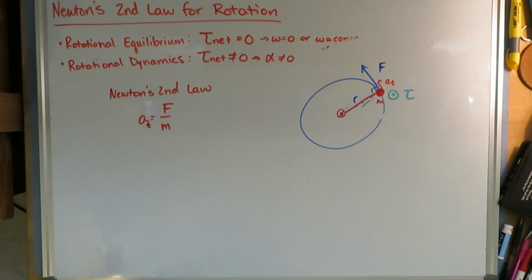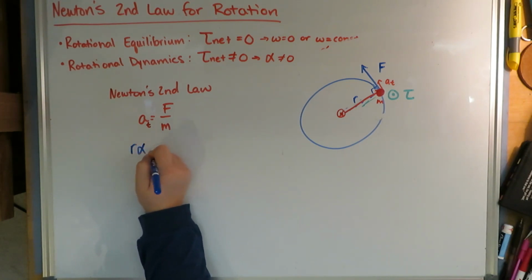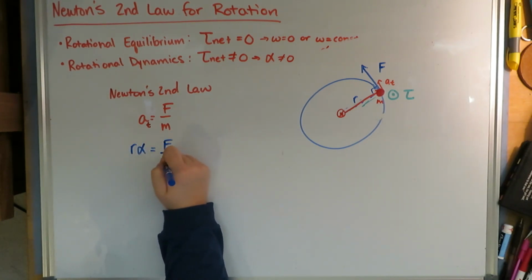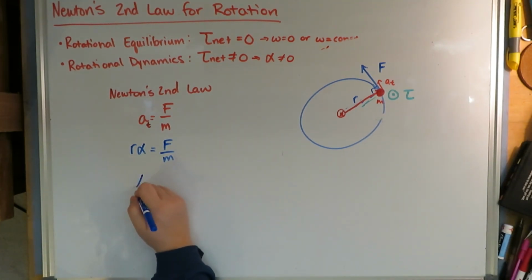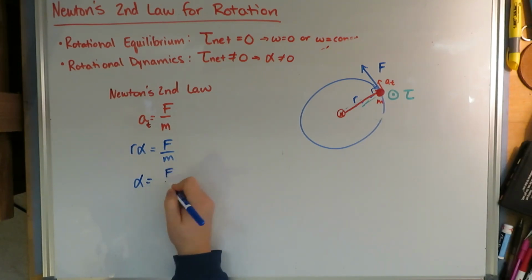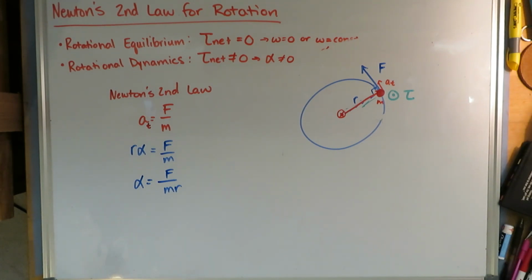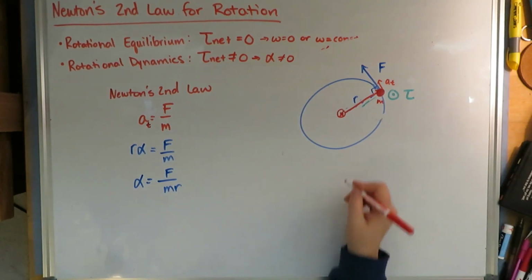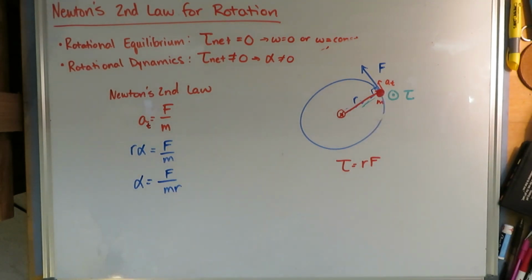So I can sub in my definition of tangential acceleration here, which is r times alpha, to get this into angular terms. So that's alpha r equals F over m. I can then solve for angular acceleration. Angular acceleration is going to be F over m times r. Well, I also know that there is going to be a torque being caused by that force. And that torque is going to equal r times F, because r and F are perpendicular to each other.